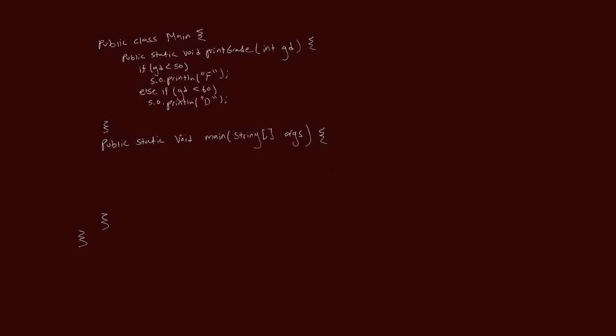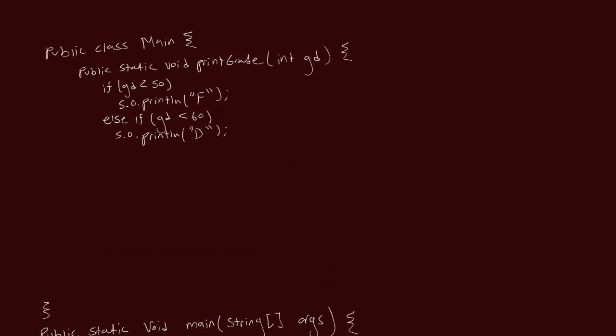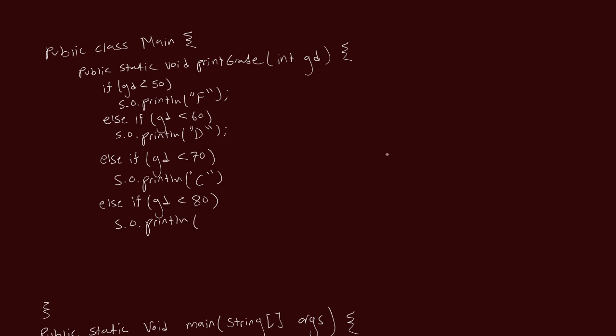Hold on, I think I'm going to need some more space. So let me just quickly fix this. There we go. Okay. Else if GD is less than 70, System.out.println C. Else if GD is less than 80, System.out.println B. Okay.